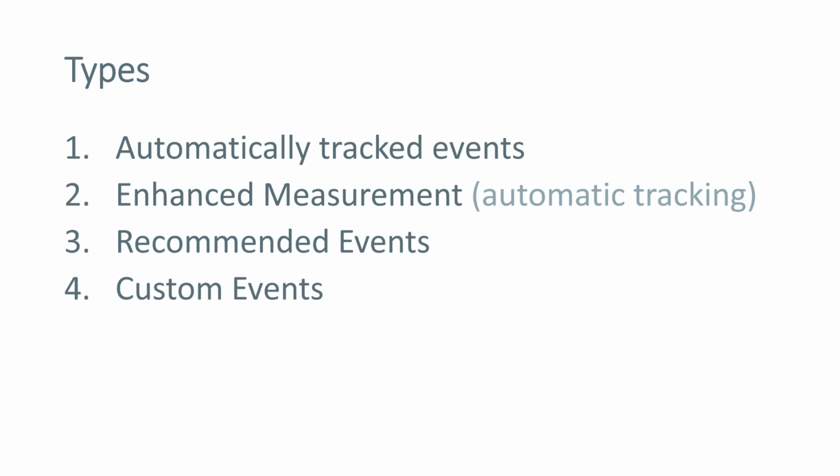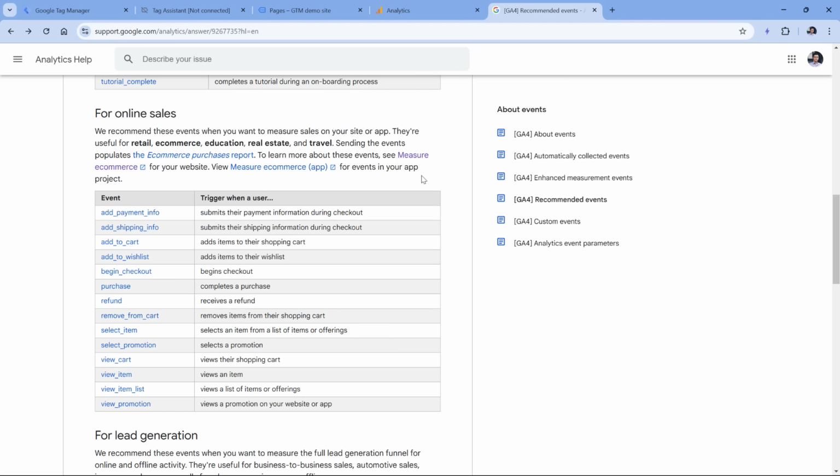For example, if you have a booking form on your website and you want to track when your visitors book a call with you, then you could come up with a custom event name, which is, let's say, booking confirmation or something like that. The only thing that I would emphasize here is that when you track custom events, their naming convention should be similar to what Google is already doing, which means that event names should be all lowercase, and then instead of spaces, you should be using underscores.